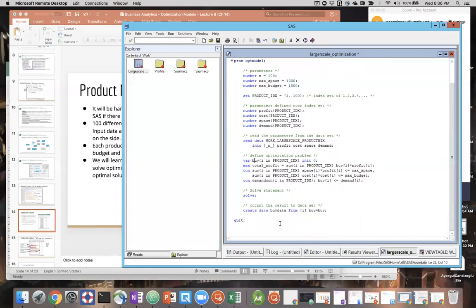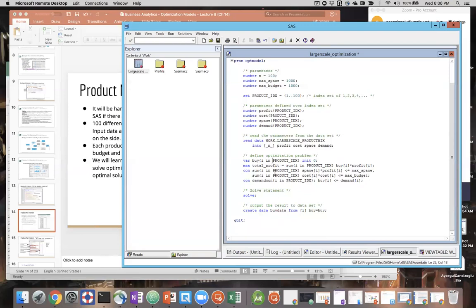To remind you, the problem we are trying to solve is determining the right mix of products so that we can maximize the profit while respecting the space and the budget constraint. So the decision variable is how many to buy from each product. The name of the decision variable I put buy, you can put X, it doesn't matter.